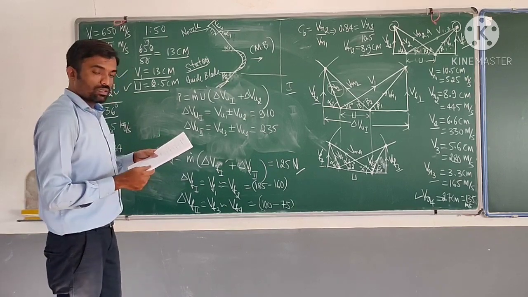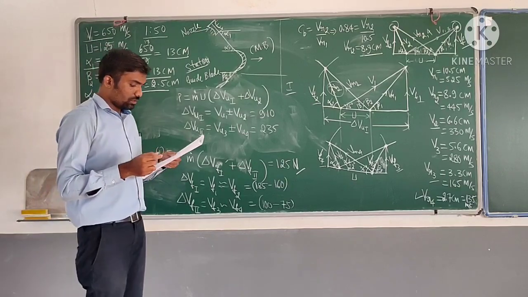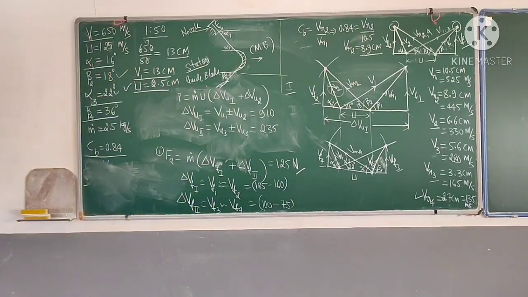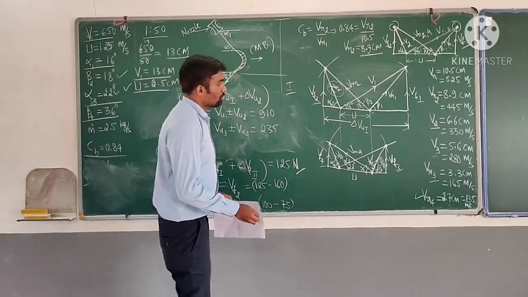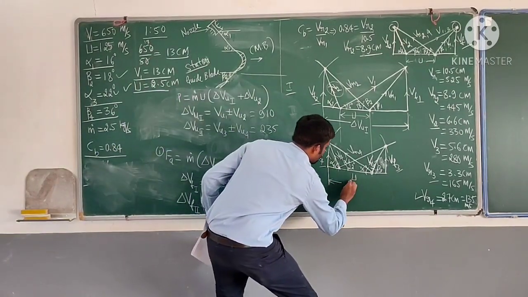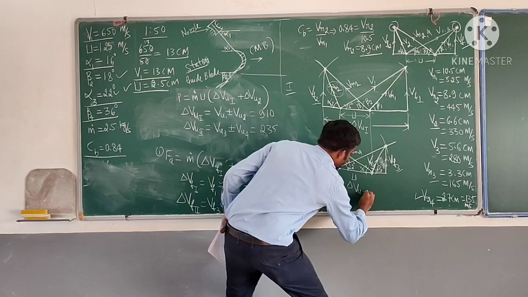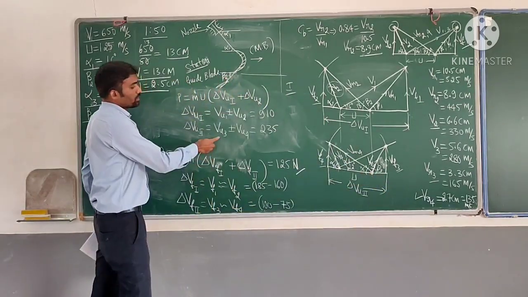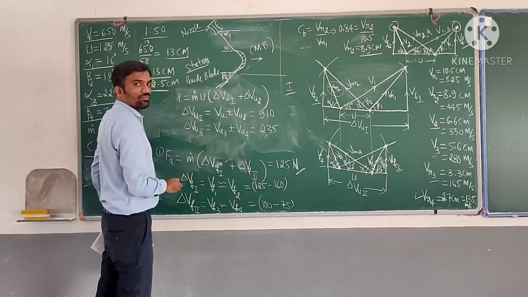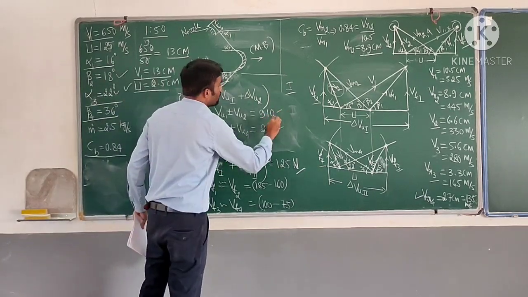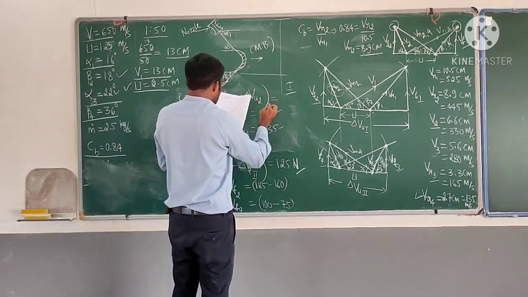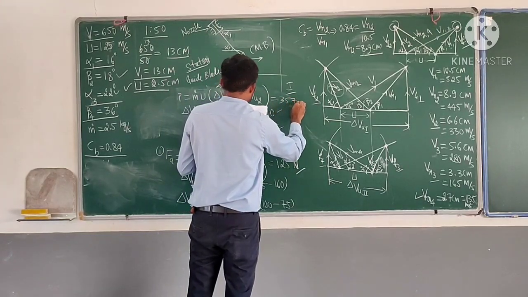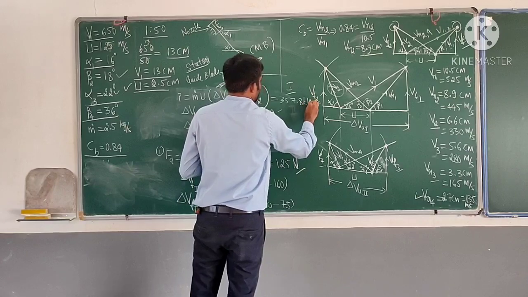Okay. So this is delta VU for the second stage. So we just have to measure this length, or we can check this also, VU3 plus or minus VU4. So already we have measured and calculated the answer, which is around 357.8 kilowatts.